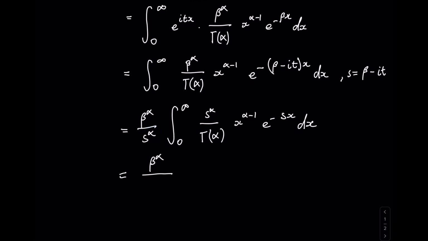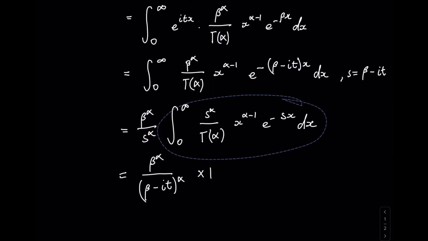This s to the alpha I'm going to replace again with my original beta minus it, all to the power of alpha, and we know that this whole integral expression simply equals 1, because it's the integral of a PDF.